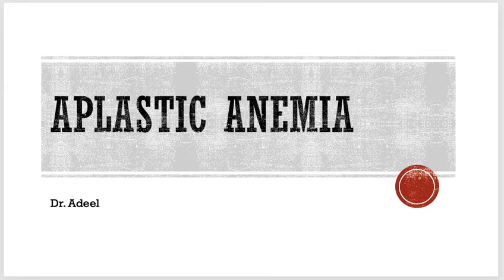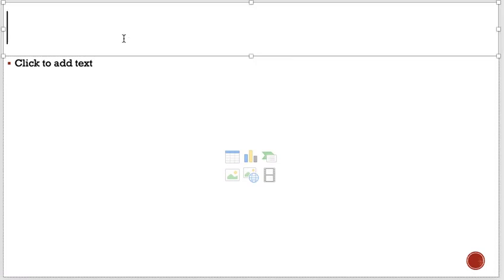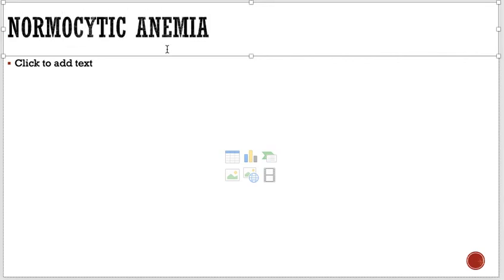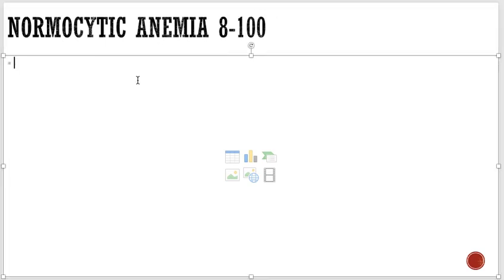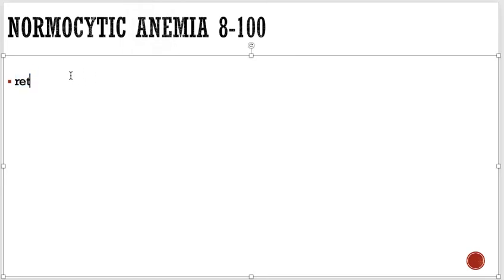So to start with, we are discussing normocytic anemias, and this is in continuation of that. Of course, in normocytic anemia, the MCV is between 80 to 100. What you will check is the reticulocyte count.